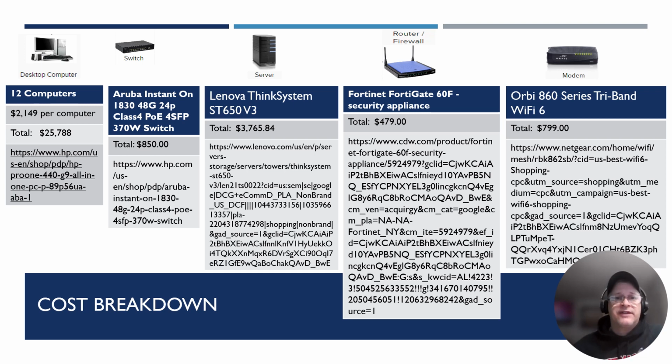The modem cost is $799. When added together, the total network system cost for these components totals $681.84. Please note that this does not take into consideration the cost of taxes. Additional costs for things like training and maintenance will vary depending on what level of training is required and how much maintenance is needed throughout a given year.